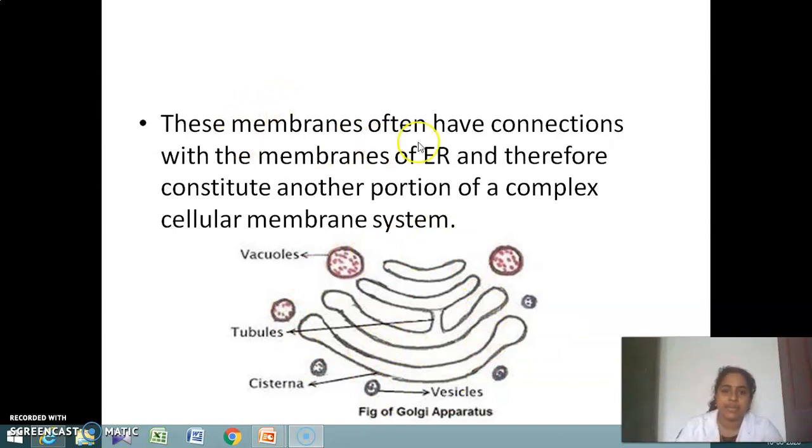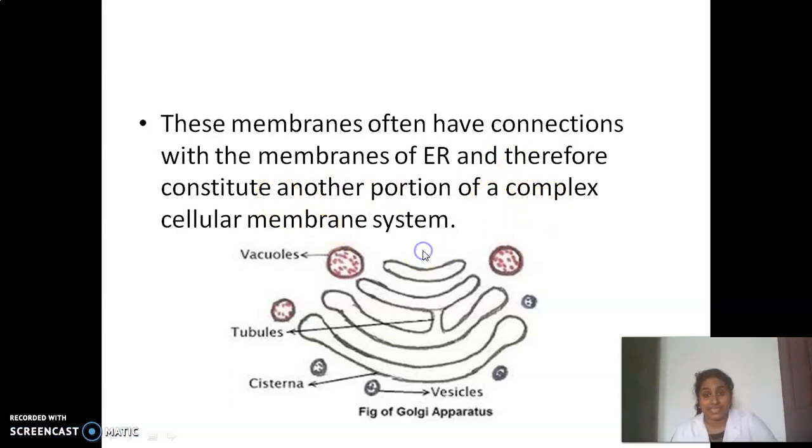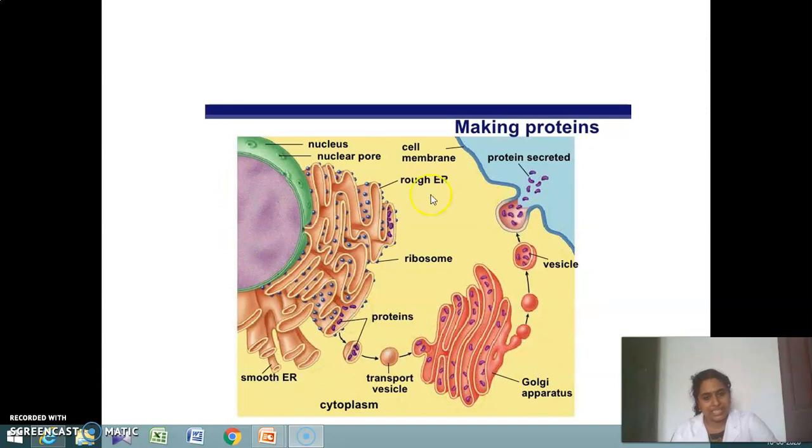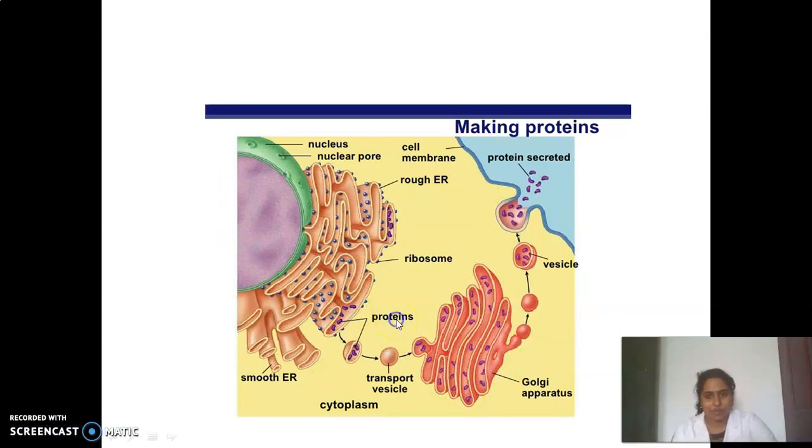These membranes often have connections with the membrane of endoplasmic reticulum, because the synthesized proteins are transported through these Golgi bodies to the required area, isn't it? And therefore they constitute another portion of the complex cellular membrane system. Clear?